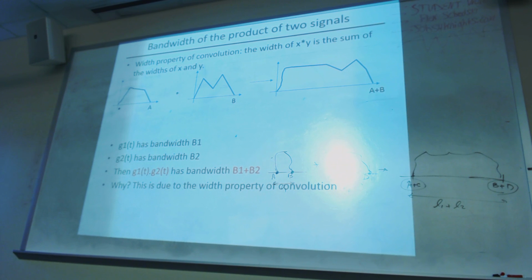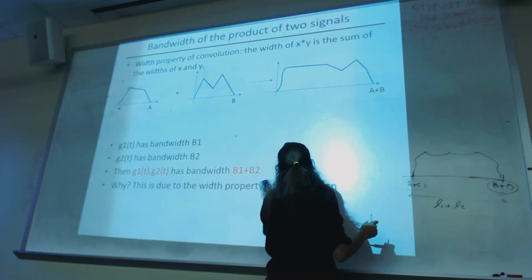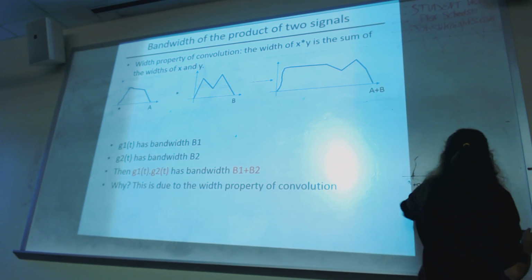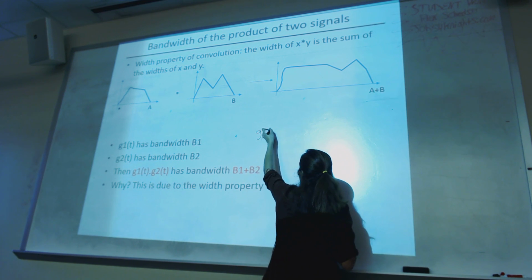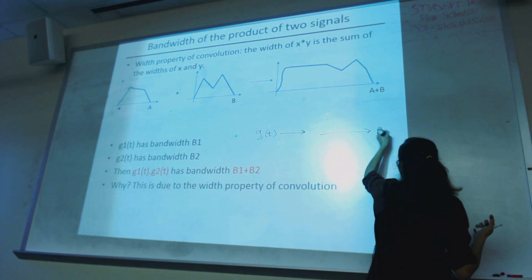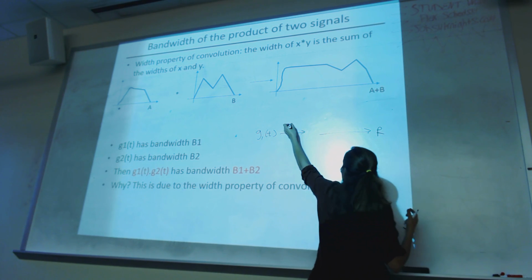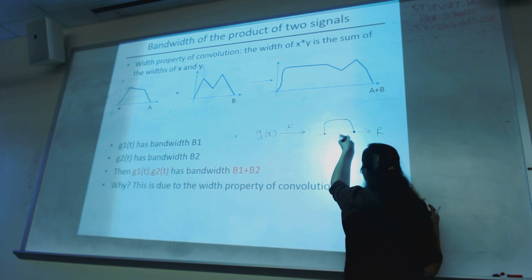So now, why did we recall that? Because let's say you have two signals, G1 and G2. G1 has bandwidth of B1 and G2 has bandwidth of B2. When we talk about bandwidth, we are talking about the frequency content. So when I take the Fourier transform, the maximum frequency is B1.